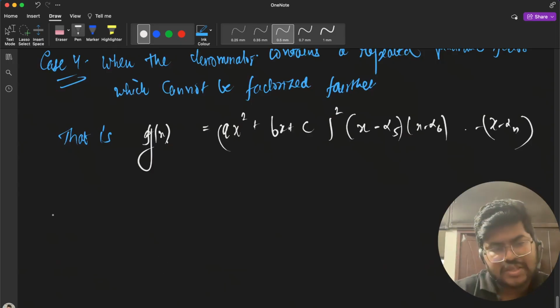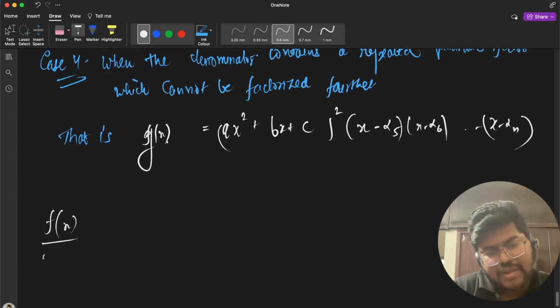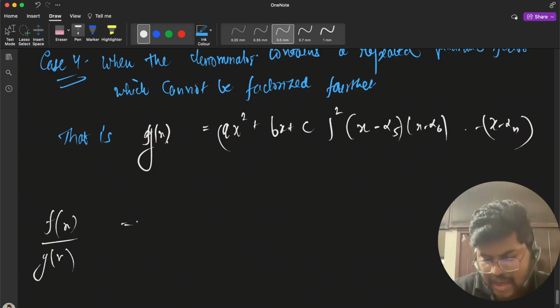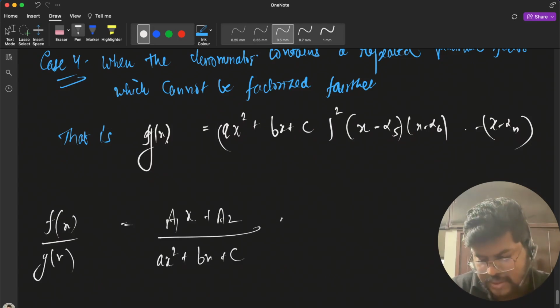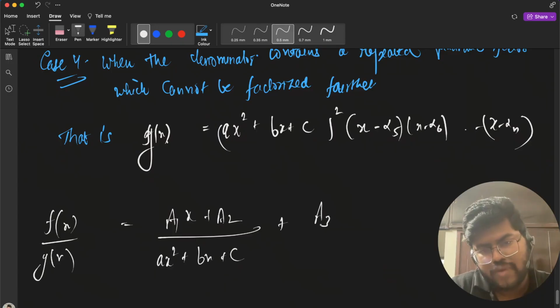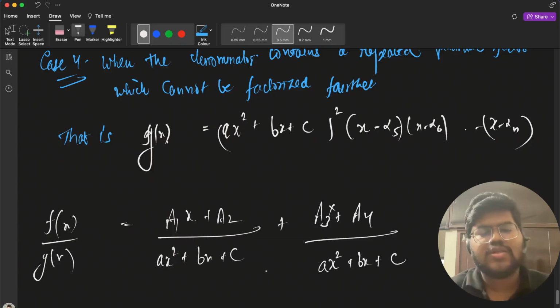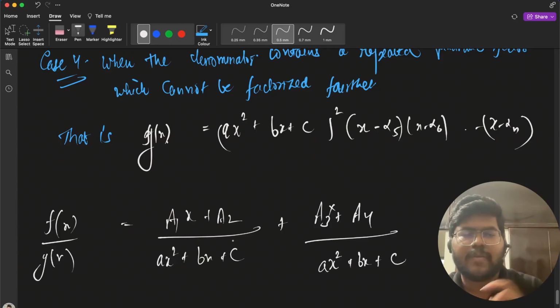Then in such a case we must write f(x) upon g(x) as a1x plus a2 divided by ax square plus bx plus c, plus. So we have not done much new in this case, we have just repeated the concept of the previous case.